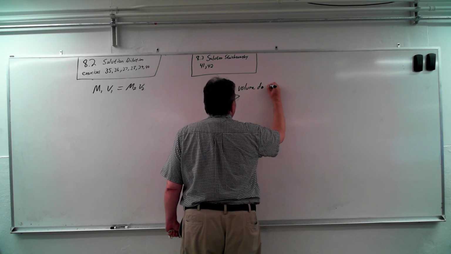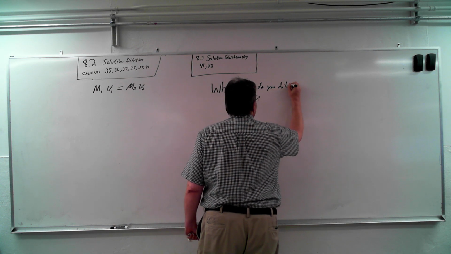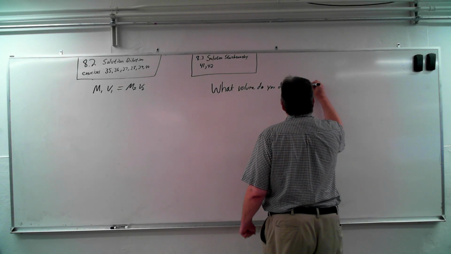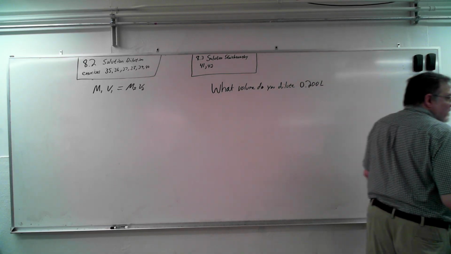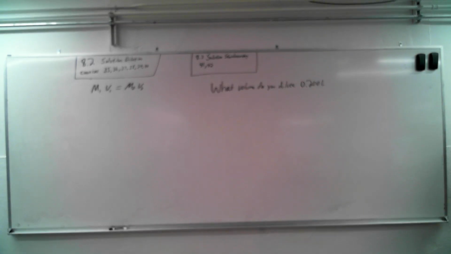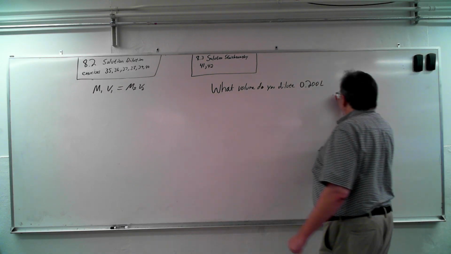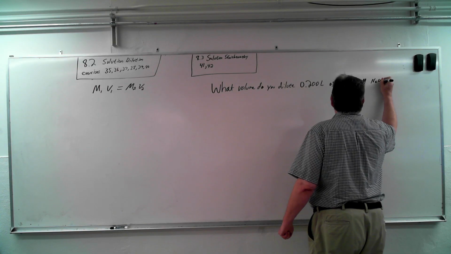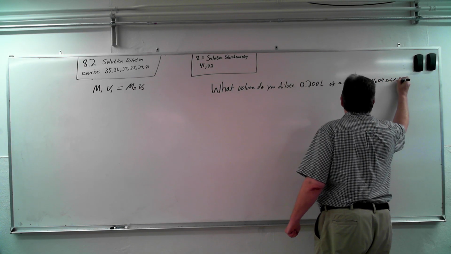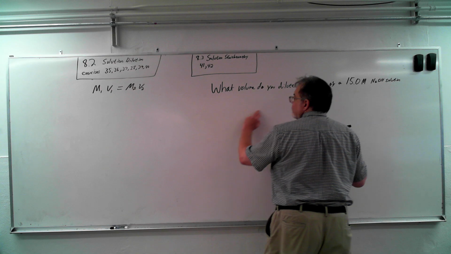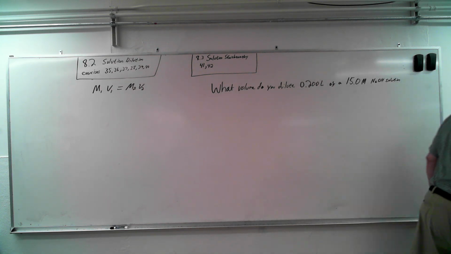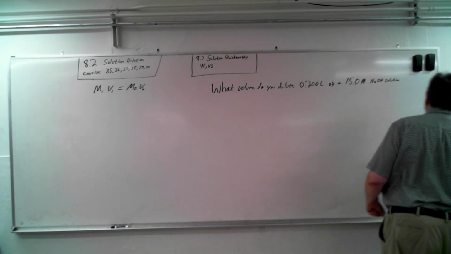Volume. Liters. So what volume do you dilute to? That's this, the volume. So to obtain 3 molar NaOH.